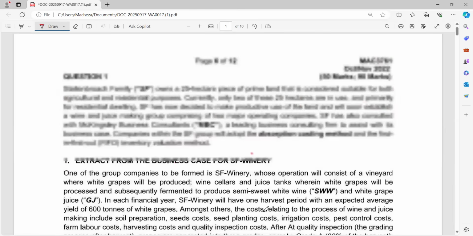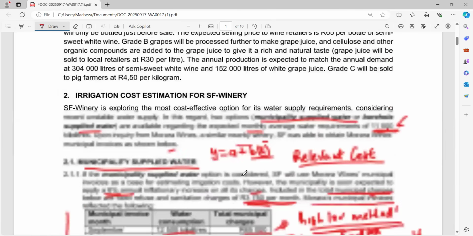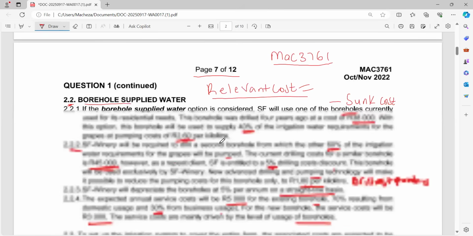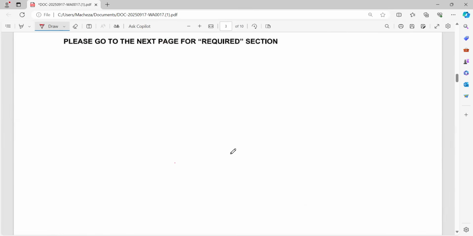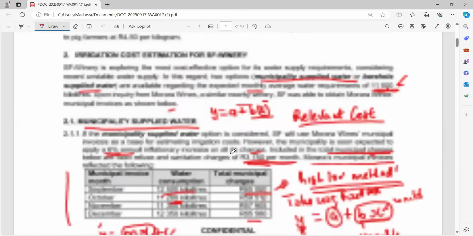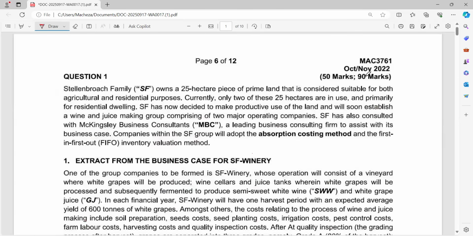My plan is that on this one we do the finance in our next class, because normally I expect you guys to go through the question before we do it together, so that you see what is happening. So on this October, November 2022, we can go to the finance section.